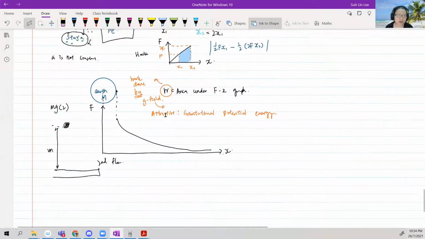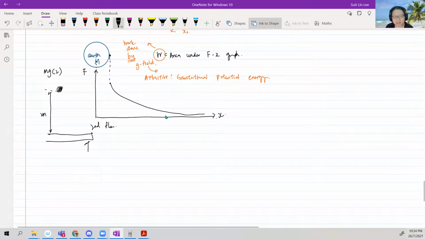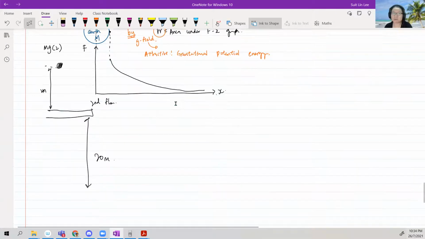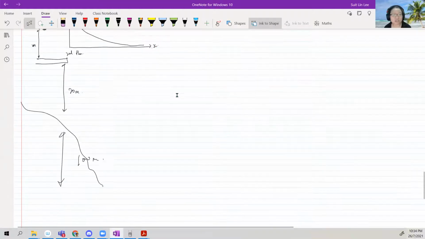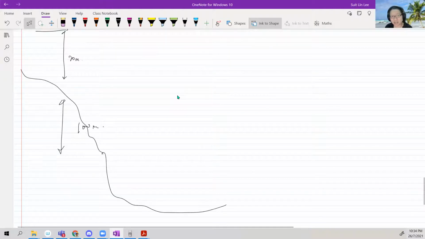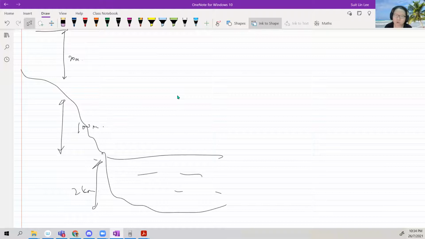And below the ground, if I zoom in, the building may be another 20 meters. And sure, the building may be on a hill, and the hill is another 100 meters. And sure, the hill, when measured inside, got river, got ocean, there is another 2 km. You get the point, right? Where is 0? I can continue.